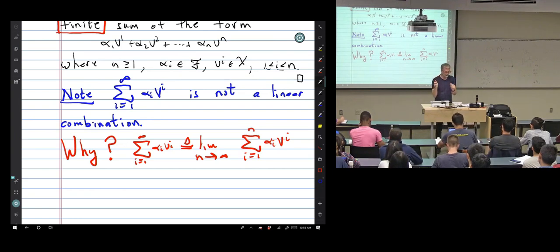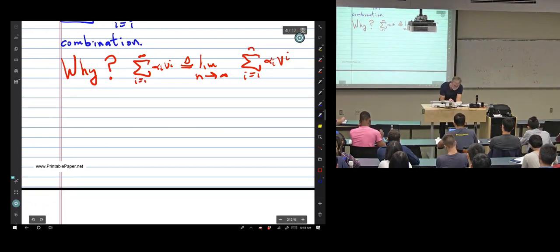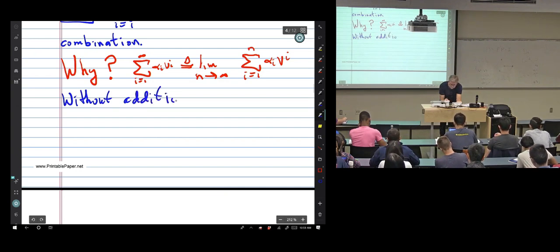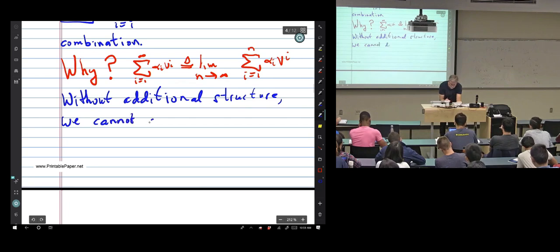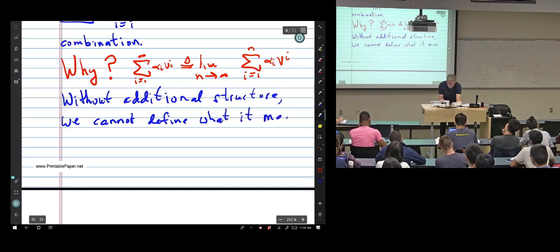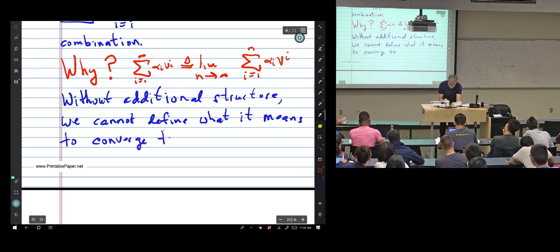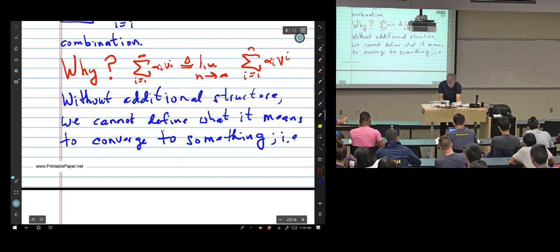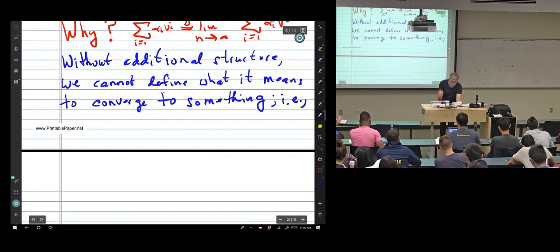So things are having a limit, okay? So without additional structure, we cannot define what it means to converge to something, that is, has a limit, okay?